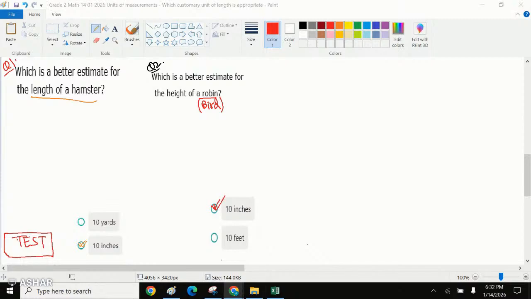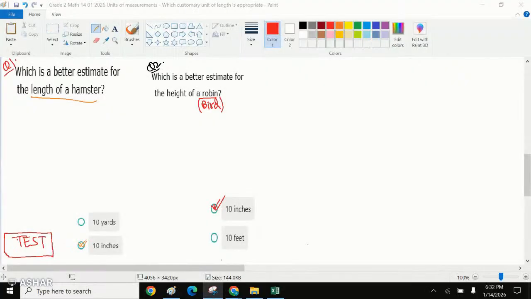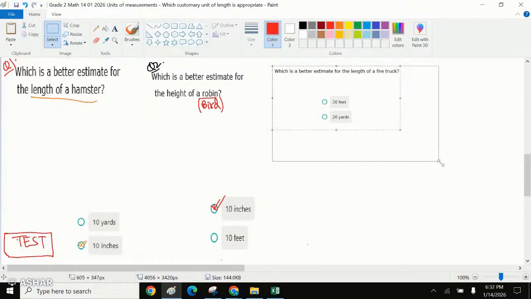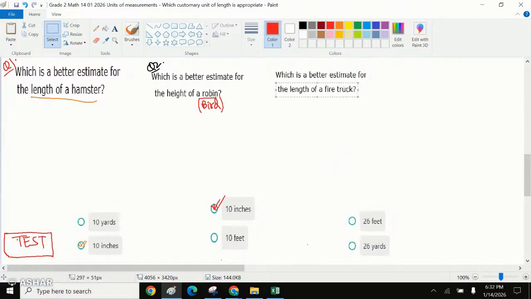Fire truck. Let's see which is a better estimate for the length of a fire truck. Let's copy it down and paste it over here. Just a minute, I just need to align this. So what is a better estimate for the length of a fire truck?